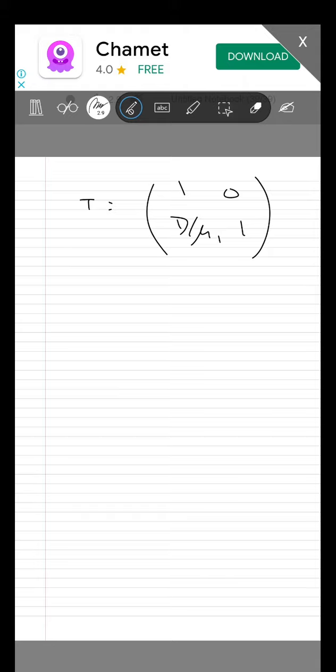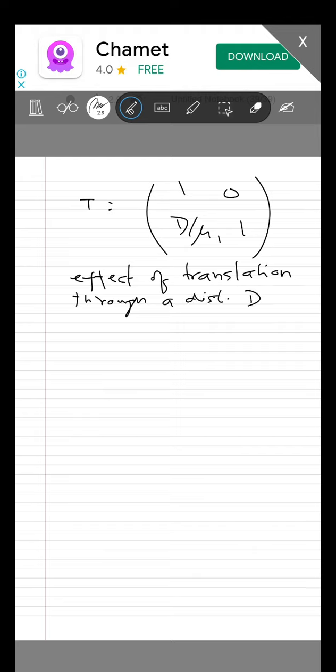It gives the effect of translation through a distance d.